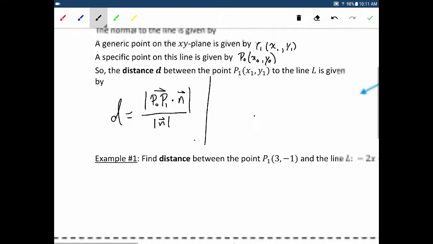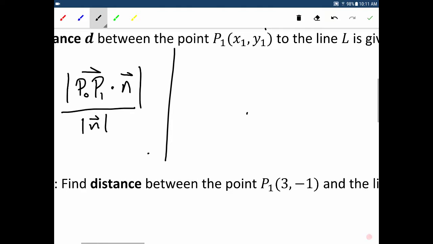I find most of the time the other one is a little bit easier to use, and so when I do the example, I'm going to use it. But it's just going to be A times X1. Now you'll notice X1, that's the specific point.